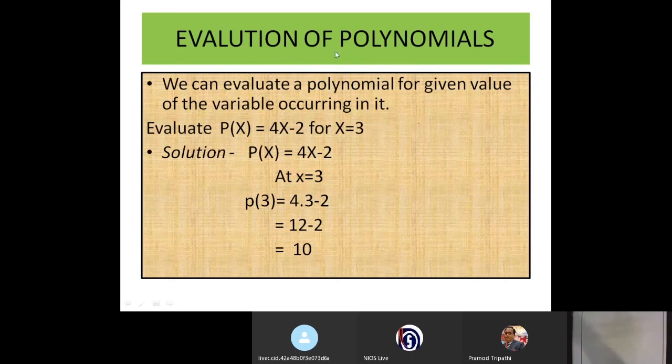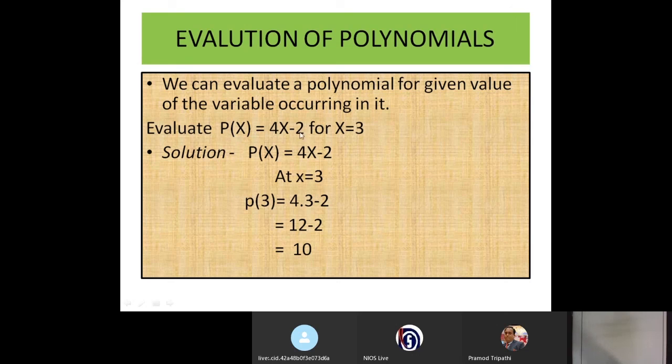So, the evaluation of a polynomial. Now we can find the value of any polynomial for a given value of the variable occurring in it. One example I have taken here: p(x) is a polynomial in x, 4x minus 2.